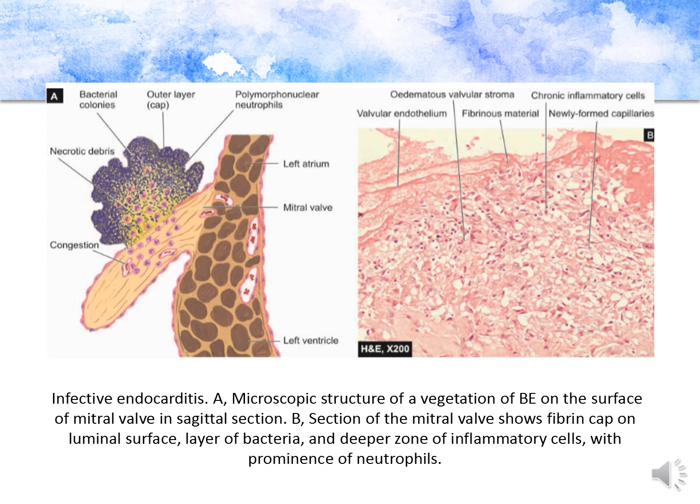So, this section of the mitral valve shows the inflammation with the prominence of neutrophils, and also the injury of the endothelial cells covered by the vegetations.